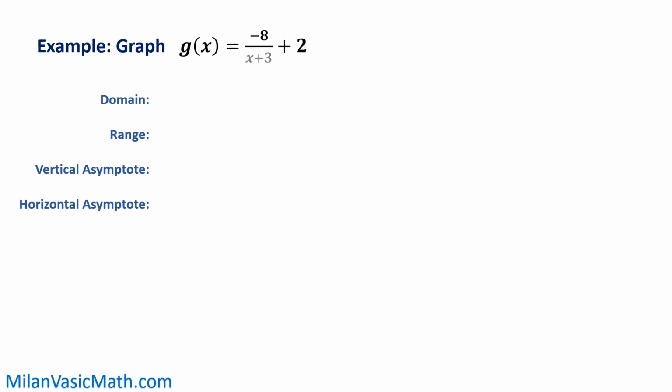Okay, first, I'm going to figure out what the h and the k values are. Based on what was written earlier, we know that h is -3 and k is 2. K would be this number here.